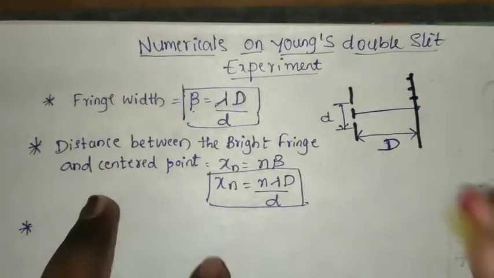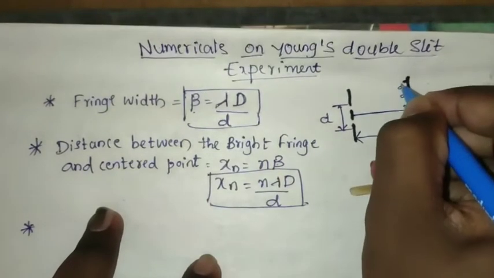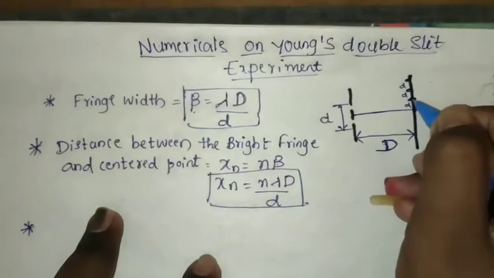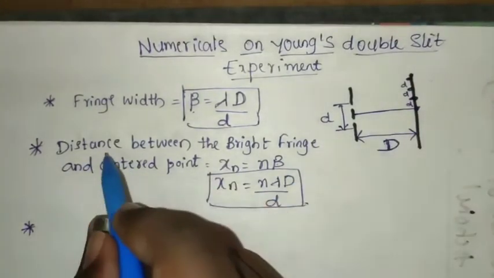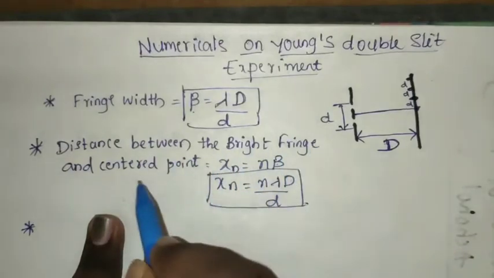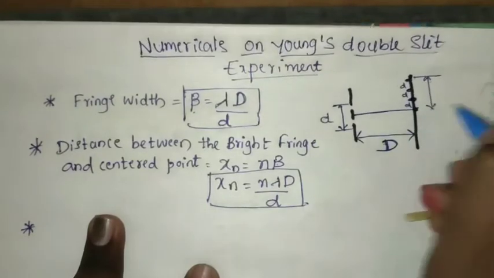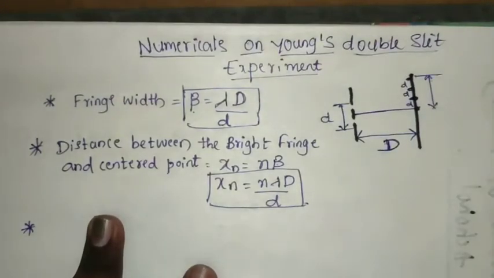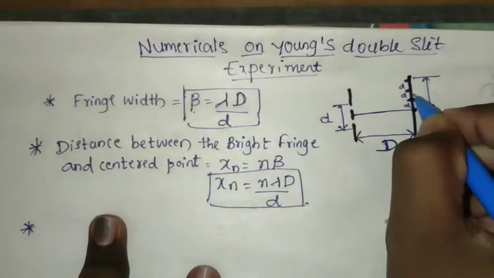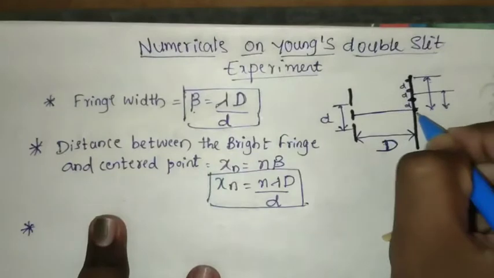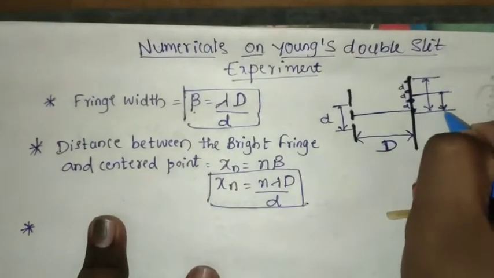This is a dark fringe, this is another dark fringe, and these are bright fringes. This is the distance between a bright fringe and the central point, and this is the distance between a dark fringe and the central point.